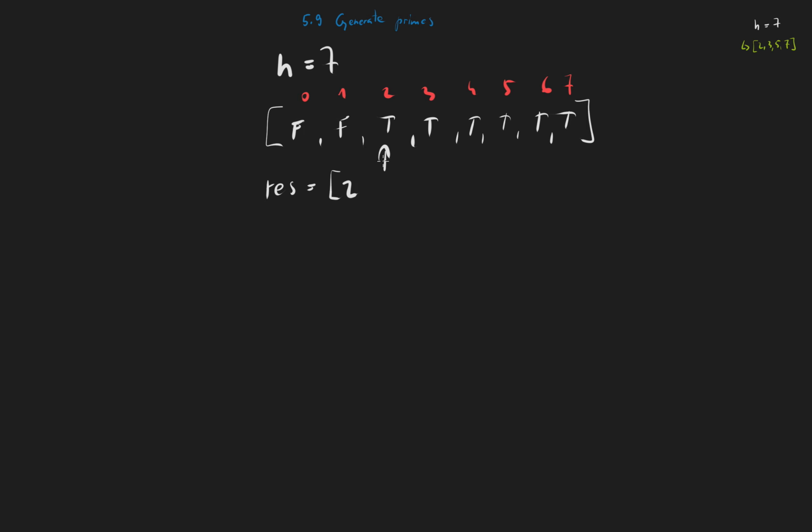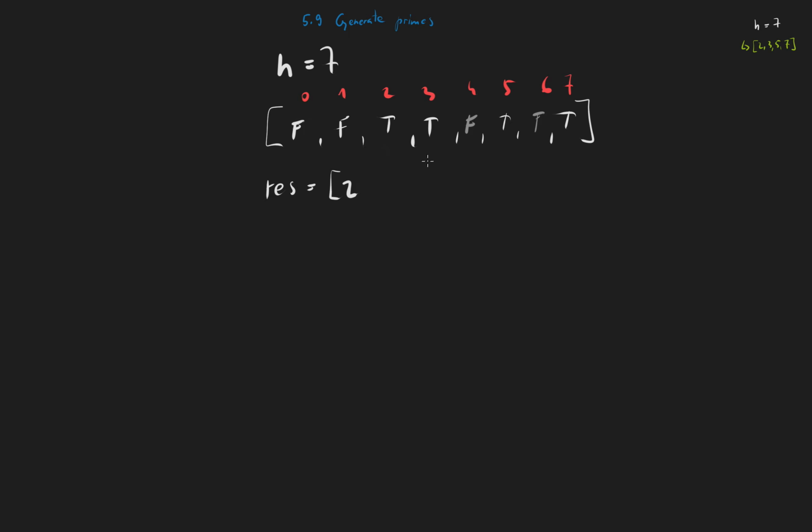So let's just append it. And now for these values, we need to set them to false, right? Okay, so multiplications of these current integers. So 2 times 2 is 4, so this number is not a prime, right? 2 times 3 is 6, so this number is also not a prime. And we're at the end of the array, so we're done here, right?